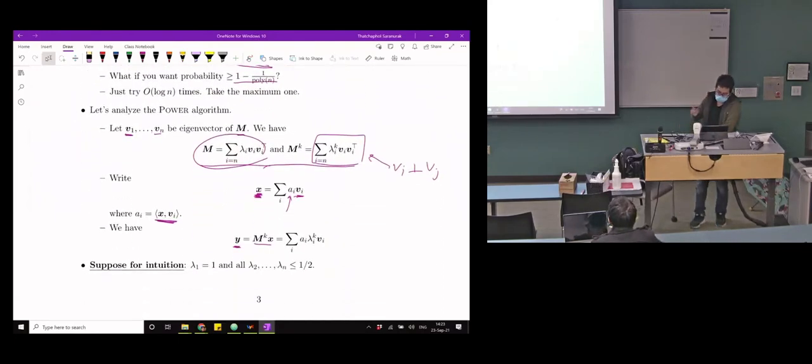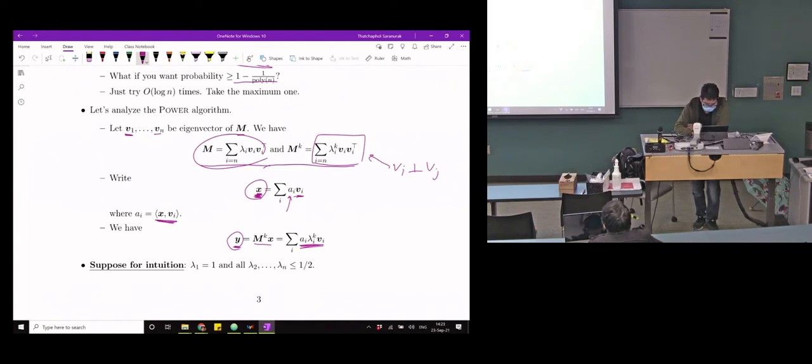Okay, come back to here. You have a vector x, and you compute y to be m to the k times x. So that is just this vector. All right.